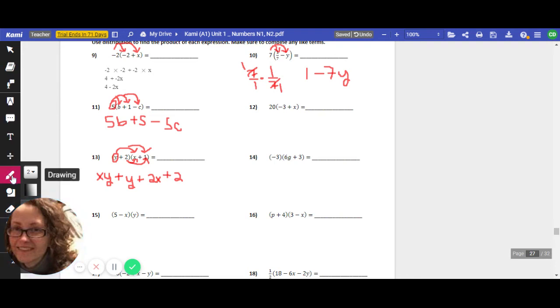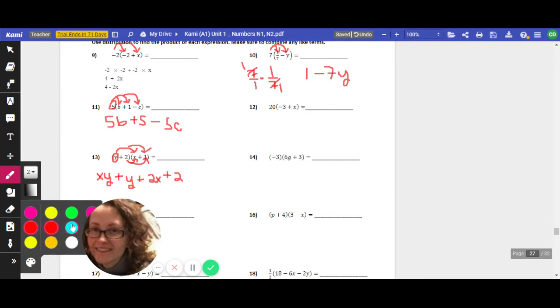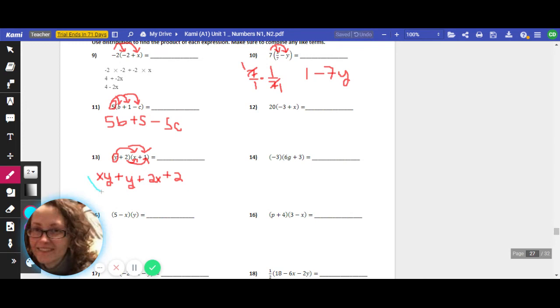If I try to match that up with any of my other variables here, I notice that this one has both an x and a y. This one just has a y, and this one just has an x.